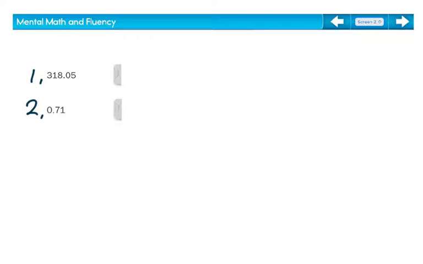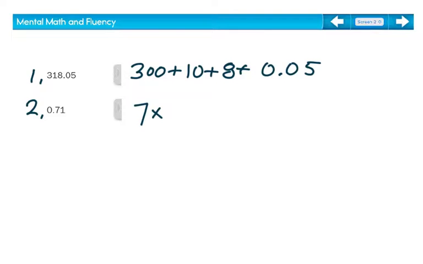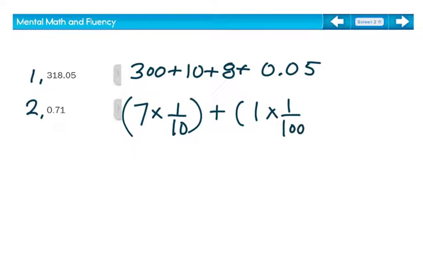All right, so for 318 and 500ths, I could do 300 plus 10 plus 8 plus 500ths. For 71/100ths, I could write it like this: 7 times 1/10 plus 1 times 1/100th.